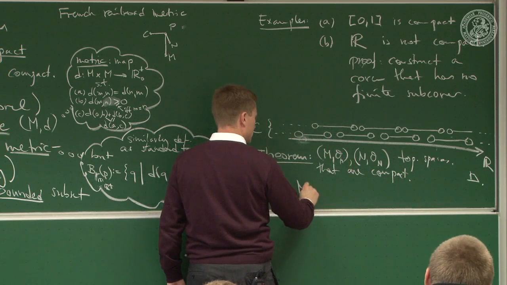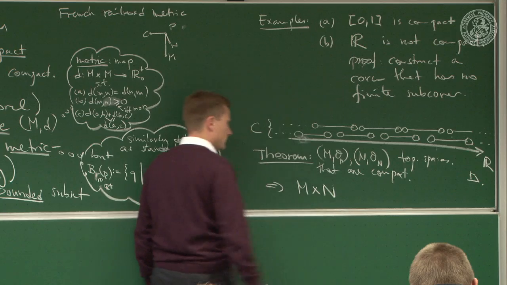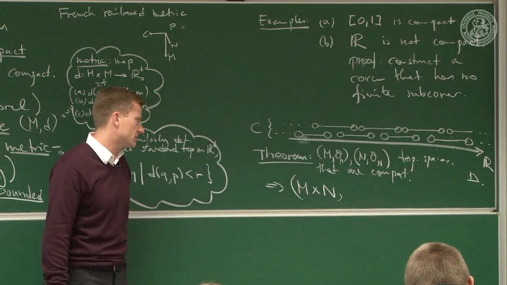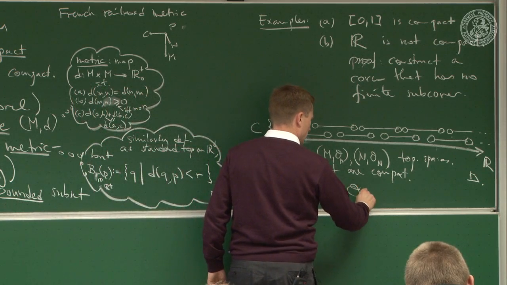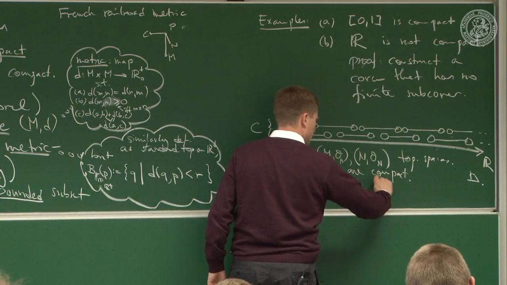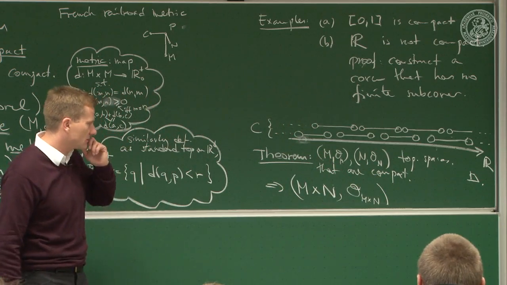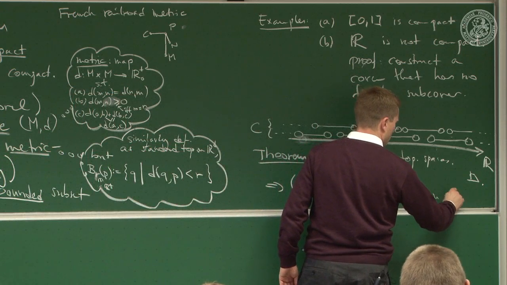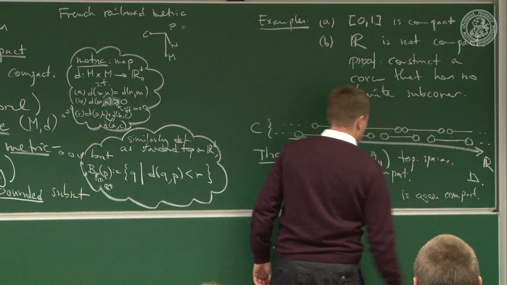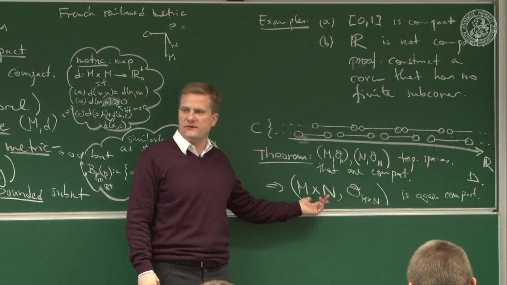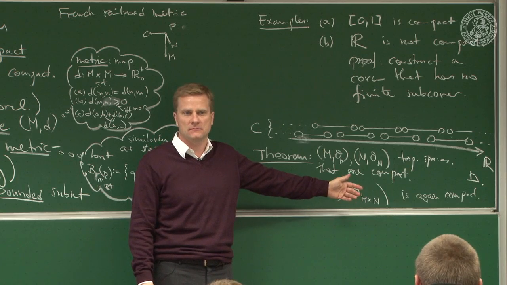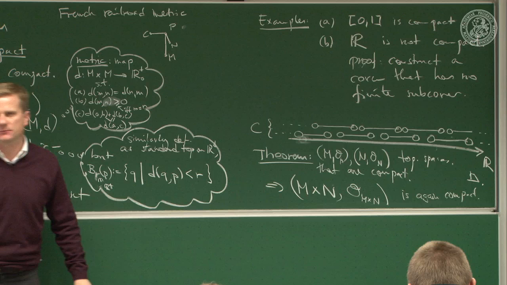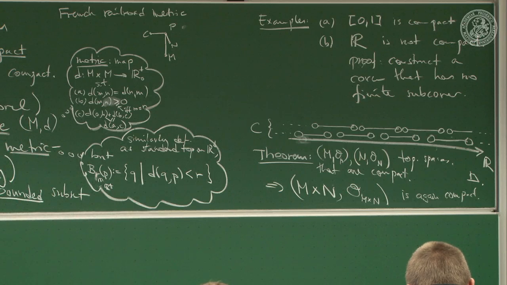Then it follows that the Cartesian product of the two spaces, how do I make them into a topological space? Well, I can equip them with the product topology. Then the Cartesian product of the topological spaces is again compact. And if this works for two Cartesian factors, it works for finitely many. So compactness is inherited to finite products. That's good.